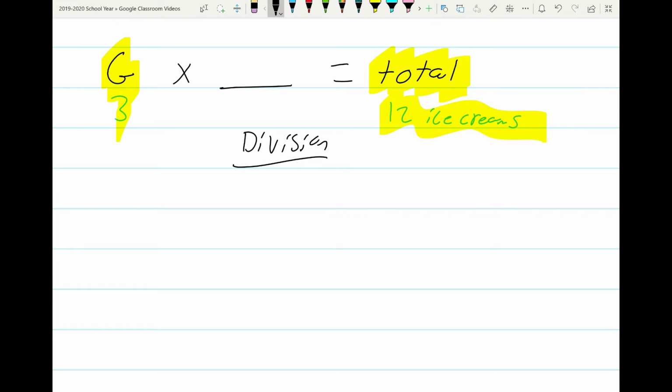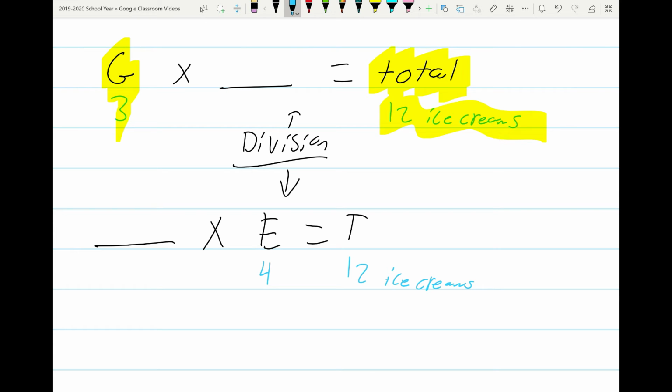Okay, this also works if I'm missing the G, if I have the E and I have the T. So for an example, I have a certain amount of friends and each friend is going to get 4 ice creams. And in total, I have 12 ice creams.